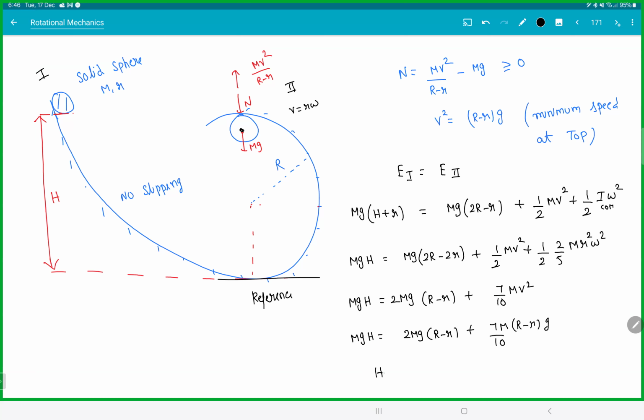You end up with h is equal to, m will cancel, 27 by 10 R minus r. That is your minimum height. Have a look at this.